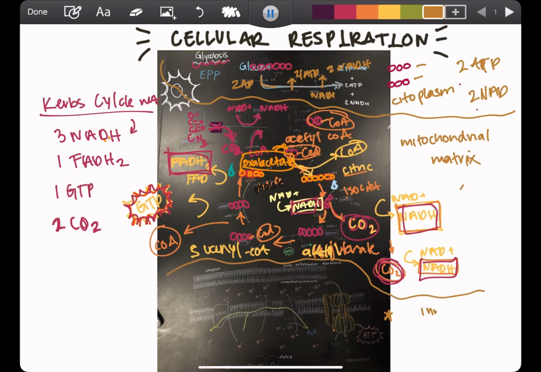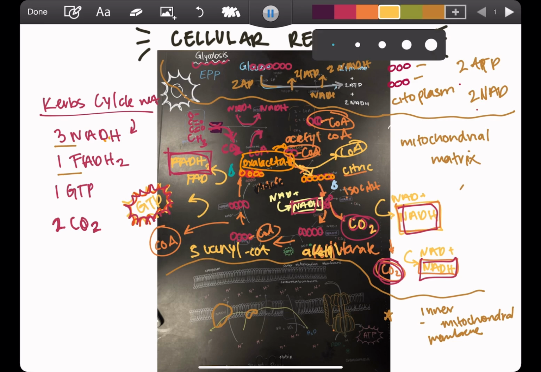Then we move on to the inner mitochondrial membrane of the cell, in which the electron transport chain occurs. This begins with the electron donors, which are the NADH and FADH2 produced in the Krebs cycle and glycolysis.